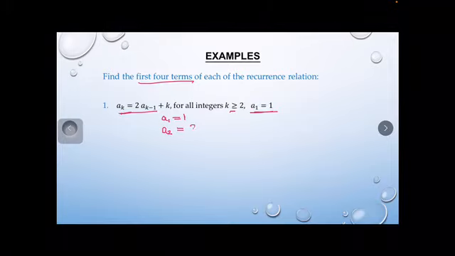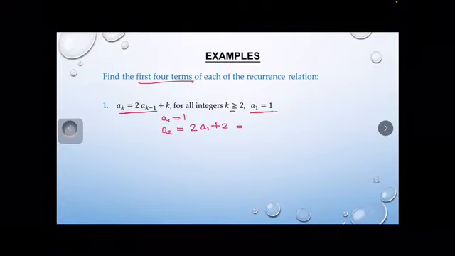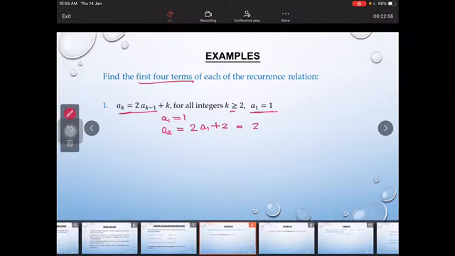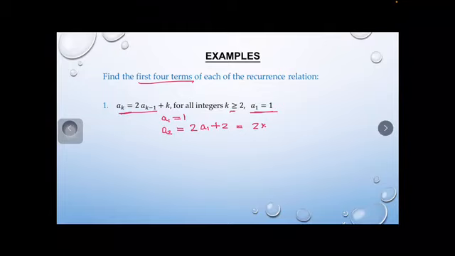Putting k = 2, we get a_2 = 2a_1 + 2. a_1 is 1, so that is 2 multiplied by 1 plus 2, that is 2 plus 2, which is 4. So the second term of this recurrence relation is 4.